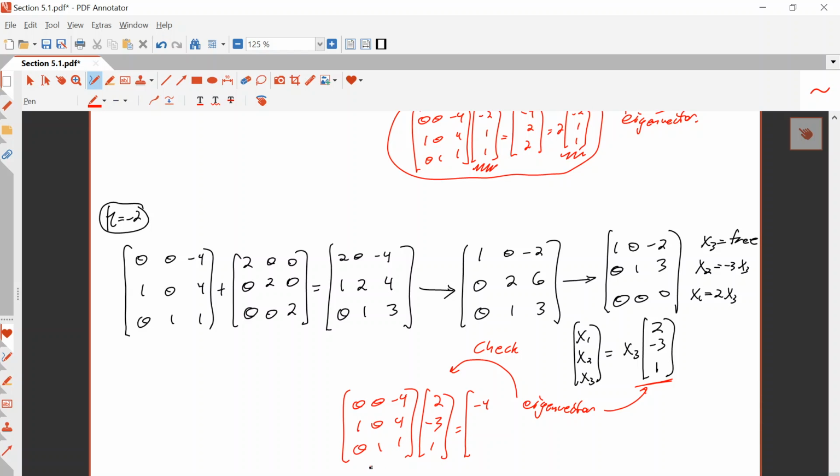It's supposed to be negative 2, right? Negative 2 times 2 is negative 4. And then we have 2 plus 0 plus 4 is 6. And then 0 minus 3 plus 1 is minus 2. Alright, which is equal to minus 2 times that factor there, 2, minus 3, 1. So that checks out. Right? This factor is minus 2 times that factor.